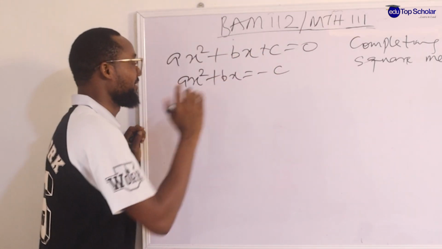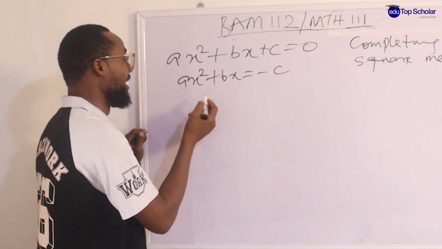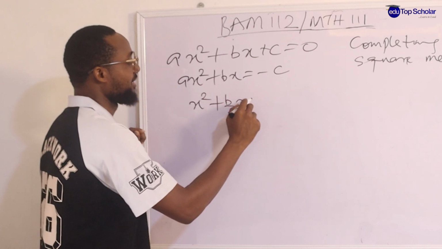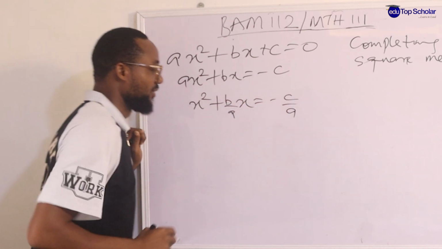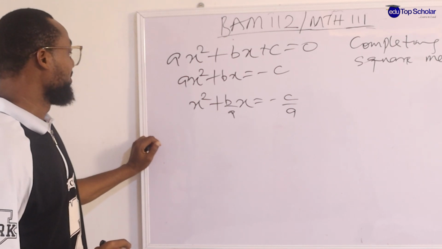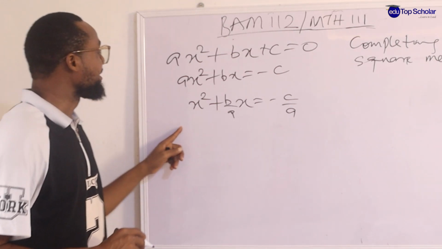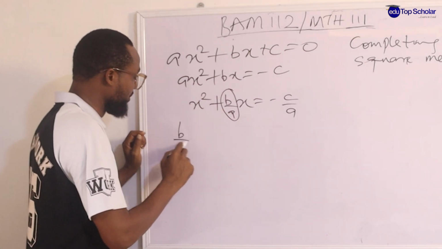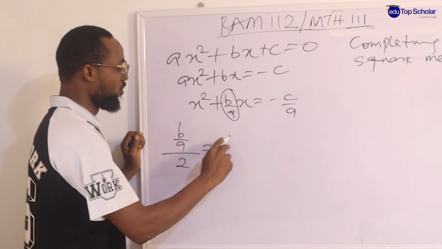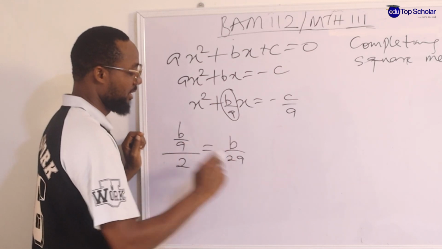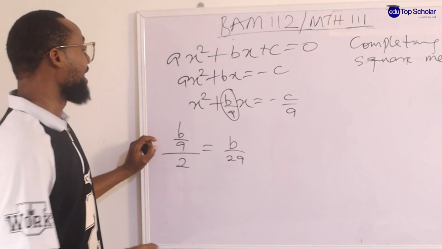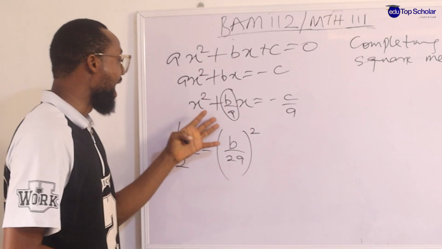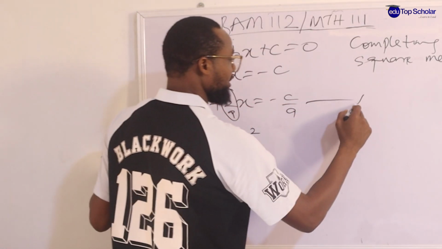Now, from here, if we divide this through by a, then we have x squared plus b over a x equals minus c over a. Now, we have achieved the first step. The second step now is to take care of this. We want to take the average of b over a. The average of b over a now is equal to b over 2a. And after that, we square the average. Then we add this to both sides of this equation.